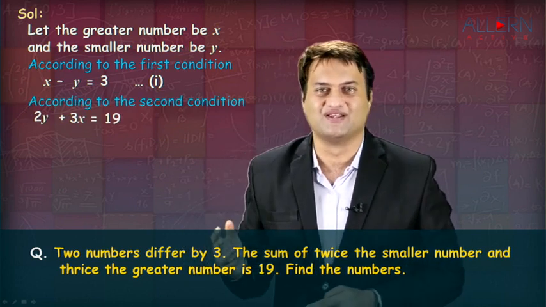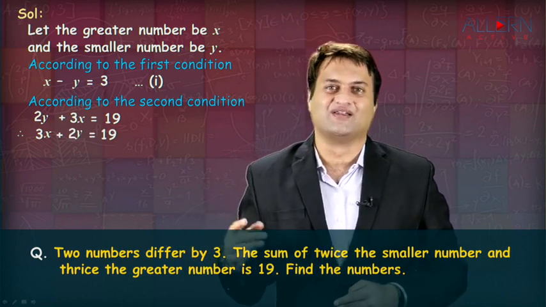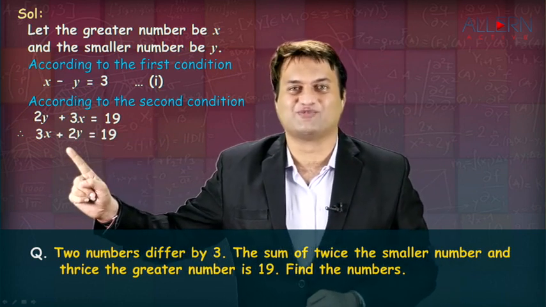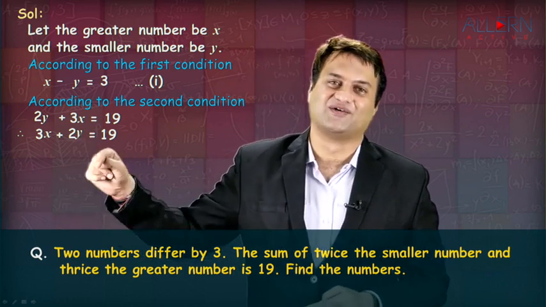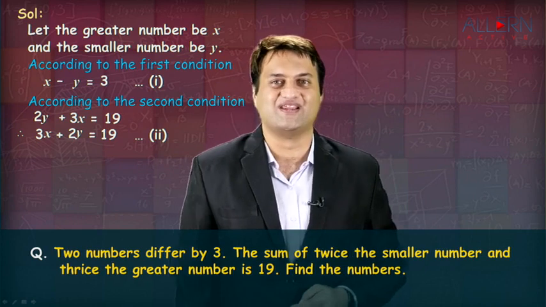So, the equation is 3x plus 2y is equal to 19. Let this be the second equation.